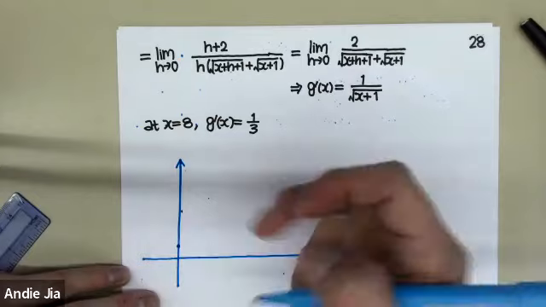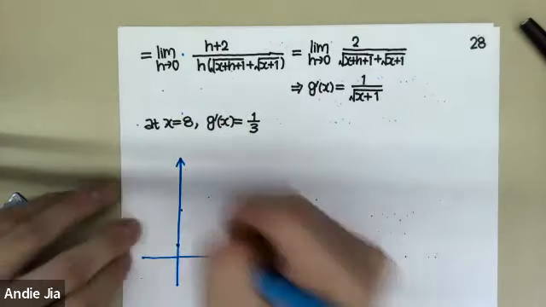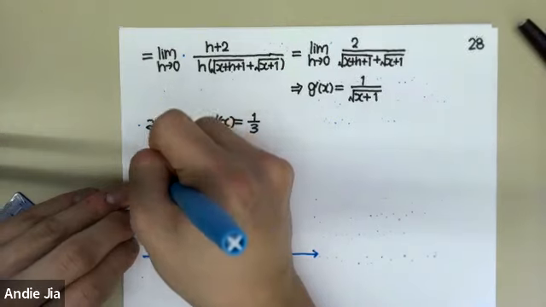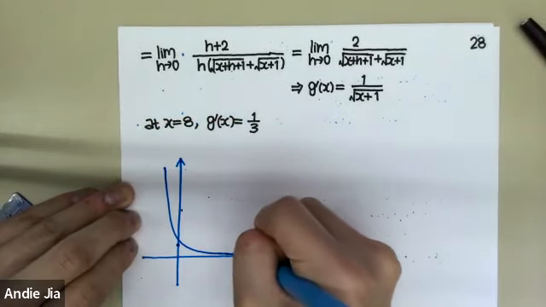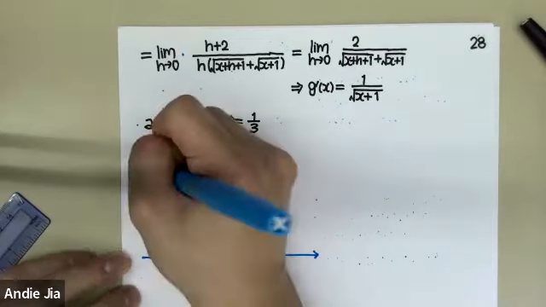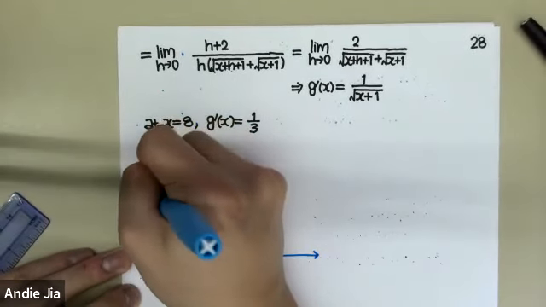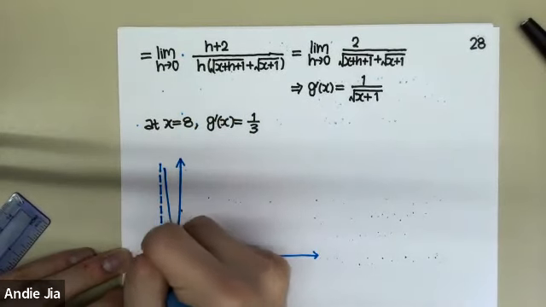There's the vertical asymptote, then 2. So it's just going to be that trend. Sorry about this. So this vertical asymptote is at x equal to -1.